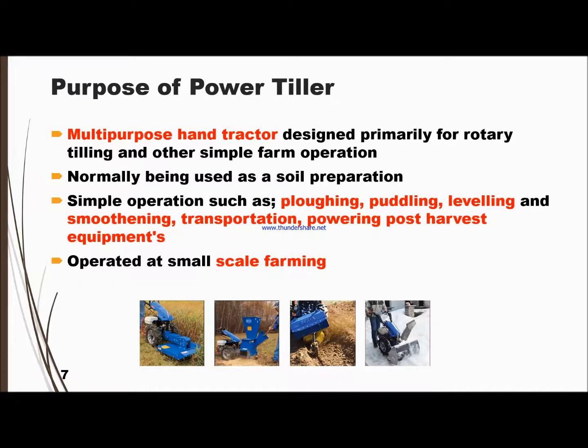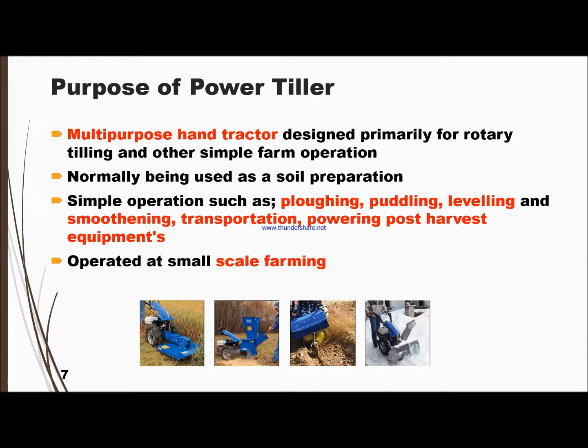This has many purposes, mainly for simple applications, especially short, simple, small-scale operations. It can be used for plowing, puddling, and land leveling. You have seen a lot of people use it in paddy fields, and for smoothing and pulverizing the soil to make it a very fine texture.